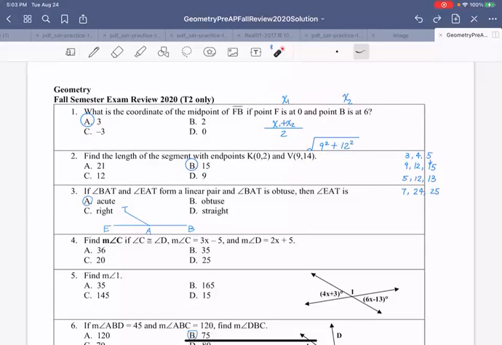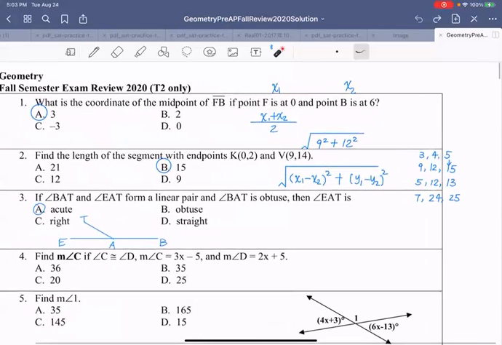Go ahead, plug in. Do this minus this squared, and then do this minus this squared. What should this equal? 225. Let's do it this way: 81 plus 144 is 225, and then the square root is 15.